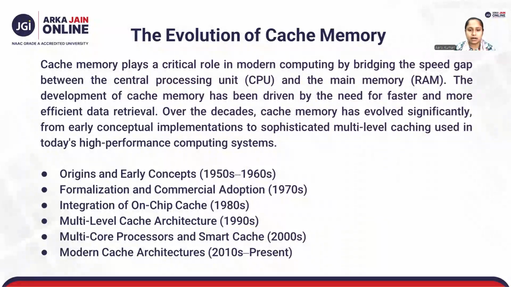Multi-core processors and smart cache during the 2000s. As computing demands increased, the 2000s saw the rise of multi-core processors, which required innovative caching techniques. Key developments: shared versus dedicated cache. Some processors have dedicated cache per core, while others use a shared L3 cache for efficient data access. Intel Smart Cache, 2006: Intel introduced Smart Cache, where multiple cores share the L2 or L3 cache dynamically.